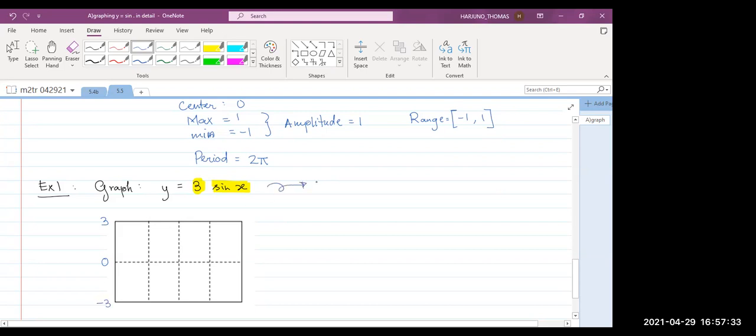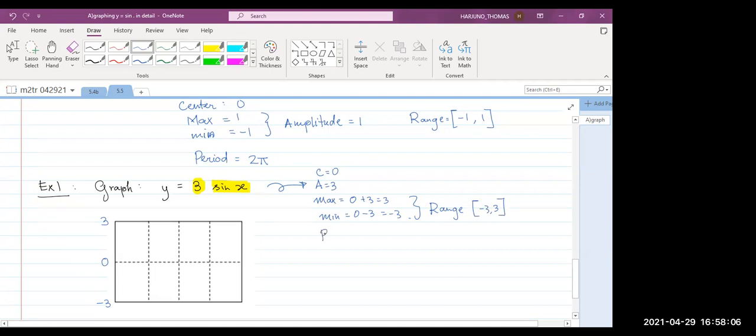Because the amplitude now changed to 3. The center is still 0. Therefore, the maximum will be the center plus the amplitude, and the minimum will be the center minus the amplitude. You see what I mean? So the range is now -3 to 3.